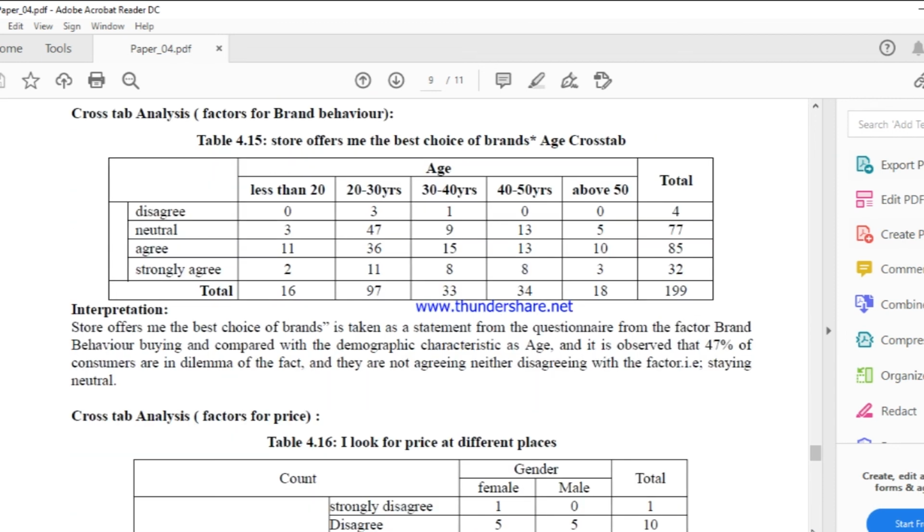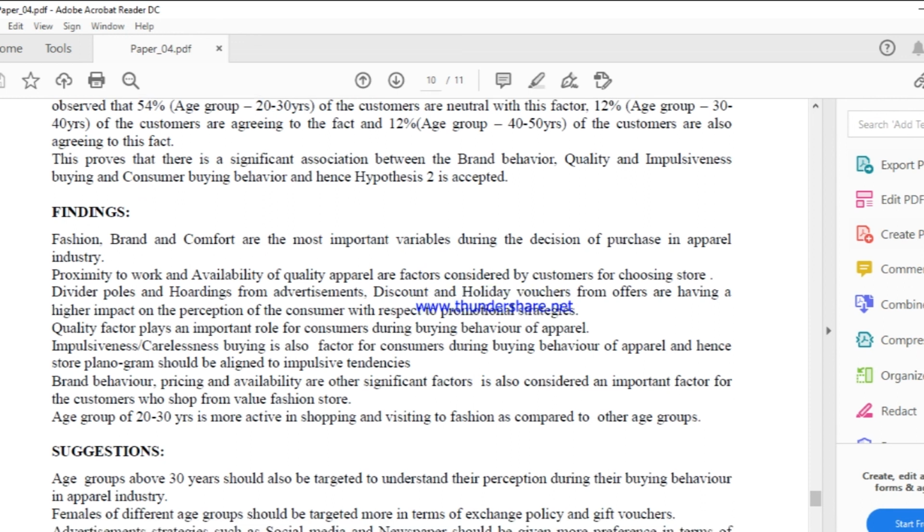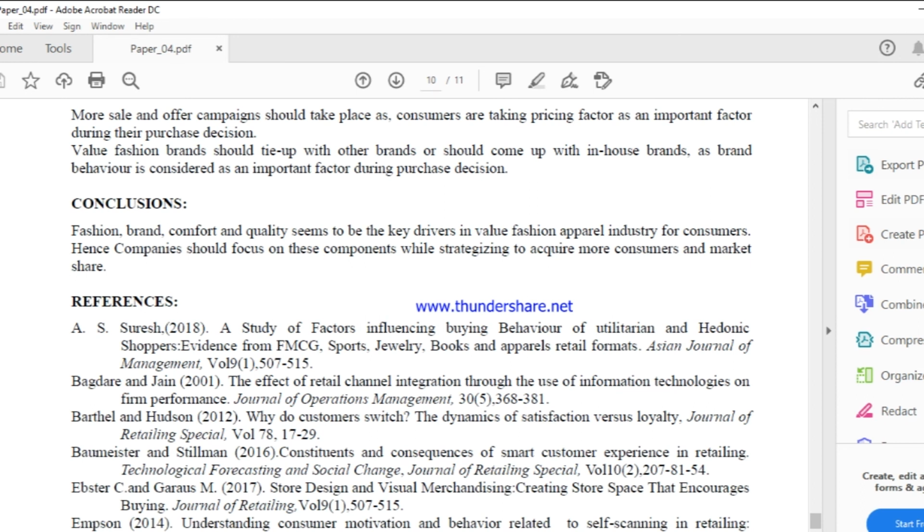Crosstab is basically chi-square. And then they are giving up their findings, and then in the last, suggestions with the conclusion, and last they are putting up references.